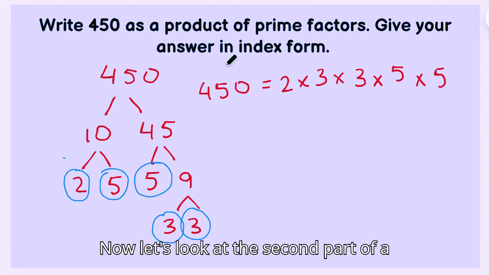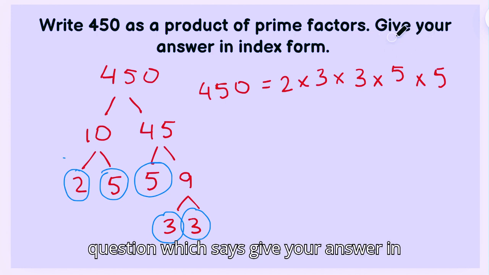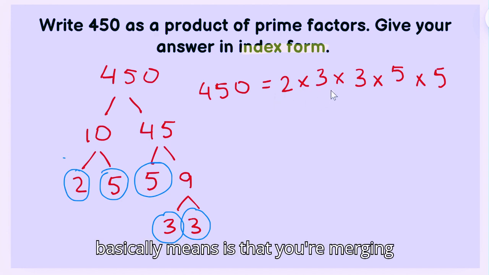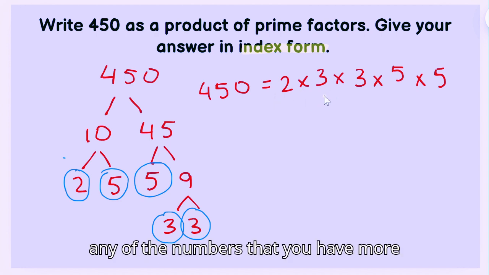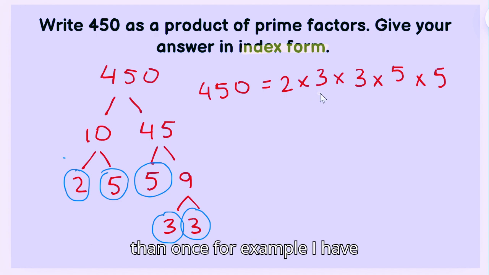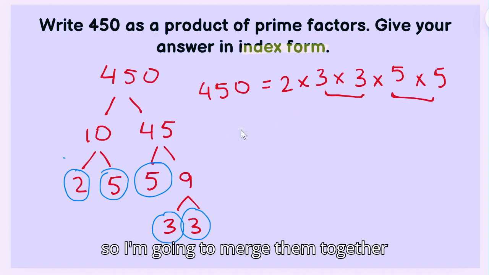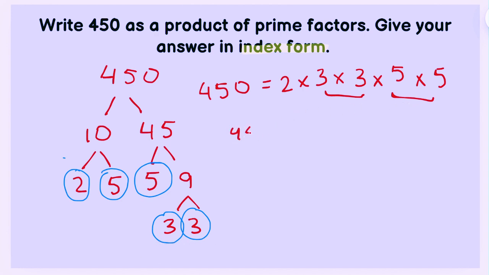Now let's look at the second part of the question which says give your answer in index form. What index form basically means is that you're merging any of the numbers that you have more than once. So for example, I have 3 and 5 twice this time. So I'm going to merge them together.